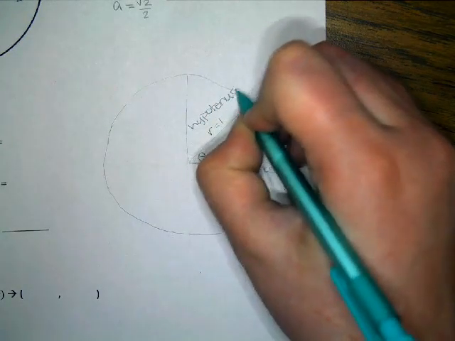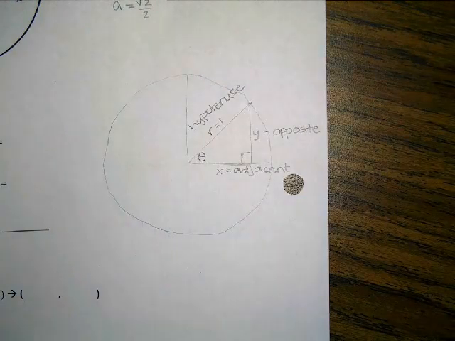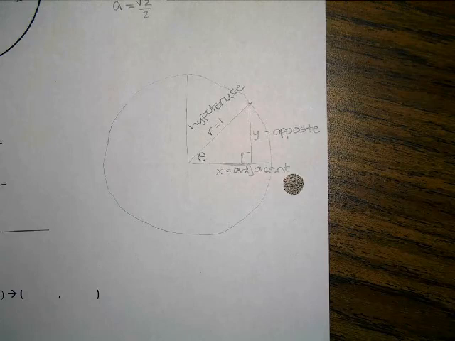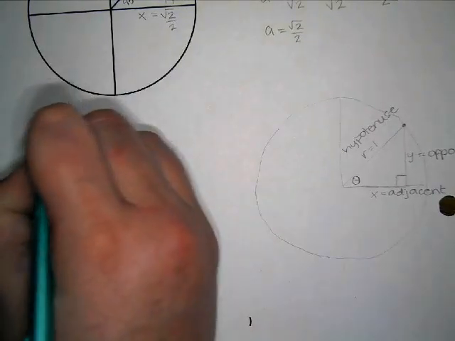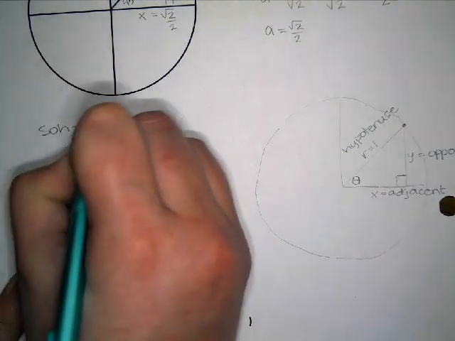So with all of those labels in there, if we remember SOHCAHTOA, sine is opposite over hypotenuse.